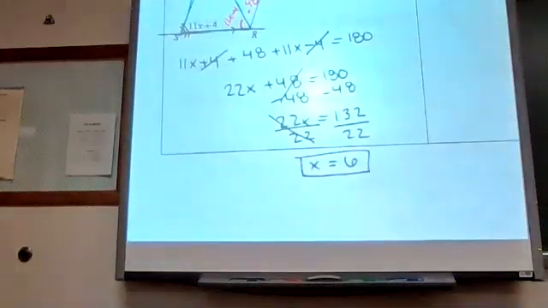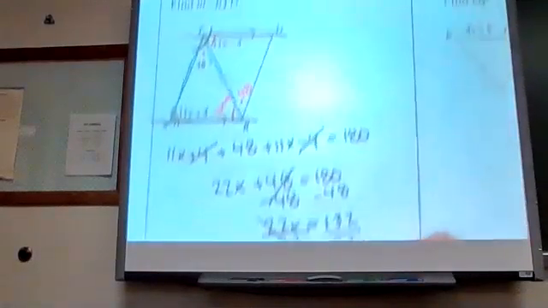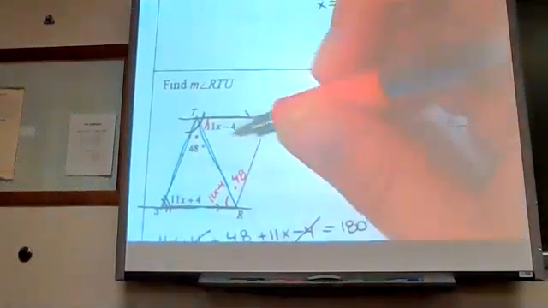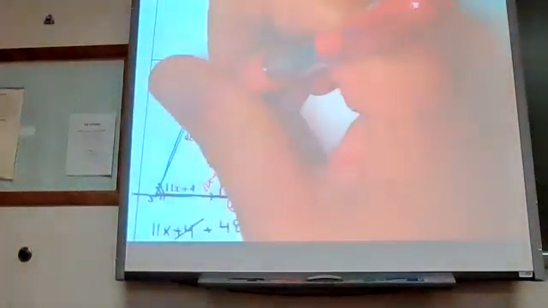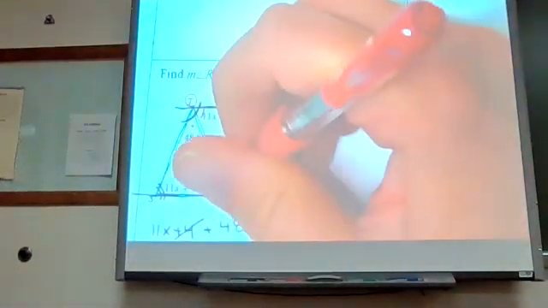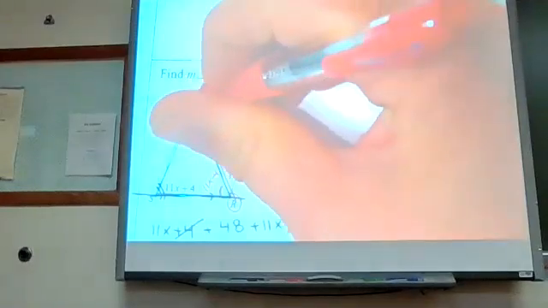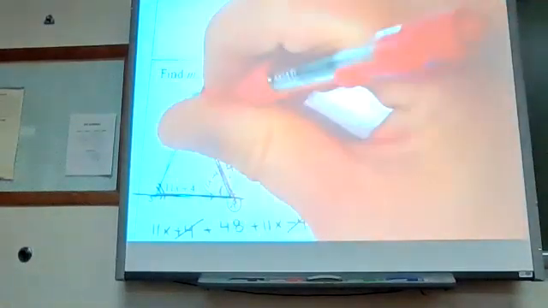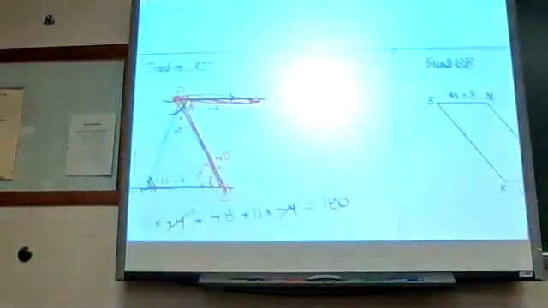Oh, I didn't even want to mark that. That's okay. So I found x. X is 6. I'm not done though. It didn't ask me to find x. I had to find x in order to answer the question it was asking, which was to find RTU. So RTU, R to T to U is right here. It's that angle.